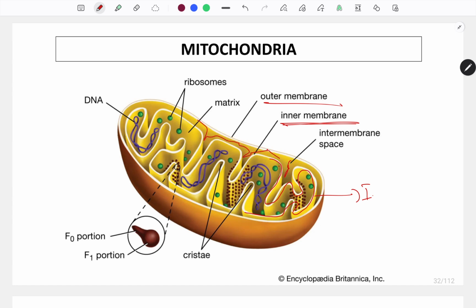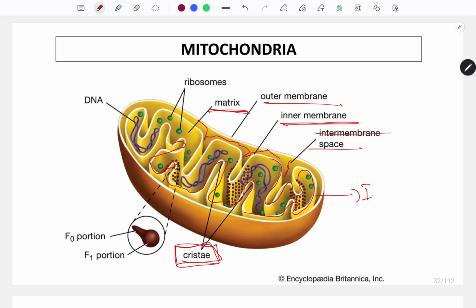In between these two membranes there is a space that is called the intermembrane space, and the foldings of the inner membrane we call the cristae. And the gel-like structure present inside the inner membrane is called the matrix.